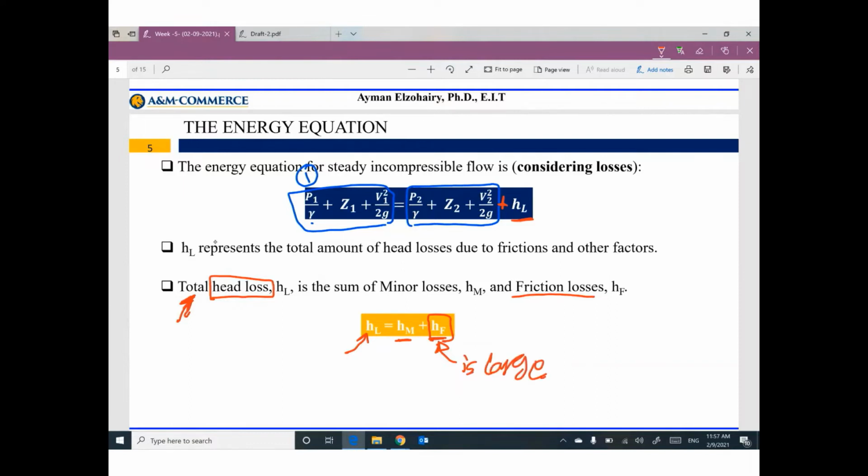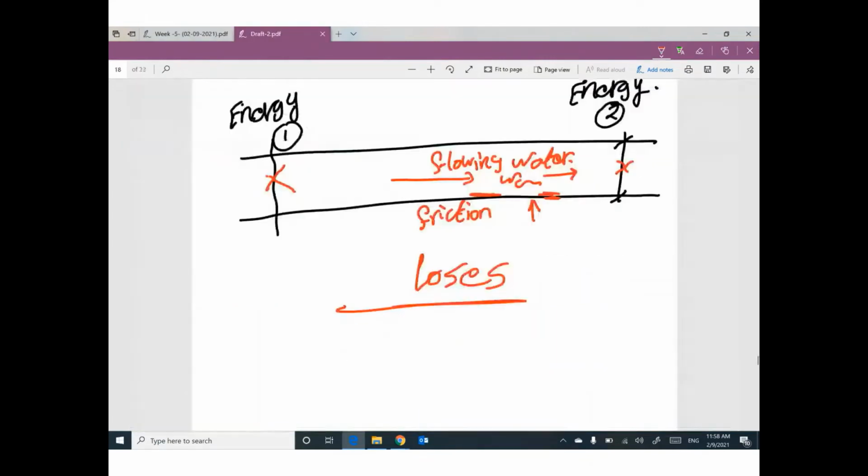And HM, which is called minor losses, this part is very small and can be neglected. But if you would like to consider it, that will be great. So guys, the total head losses can be friction losses or minor losses. Any question so far? Just to give you a good hint.